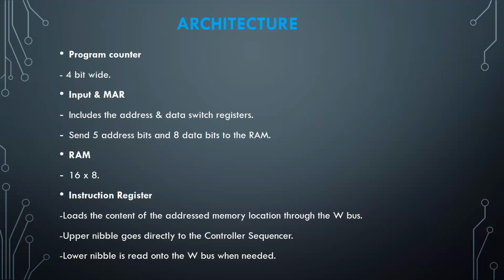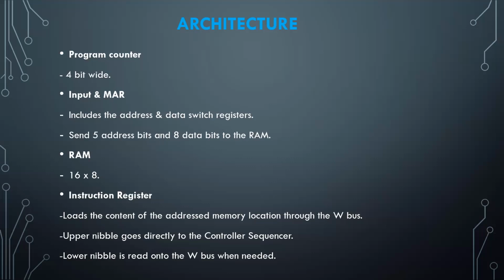Second is the input and MAR or memory address register. It includes the address and data switch registers and sends 5 address bits and 8 data bits to the RAM.